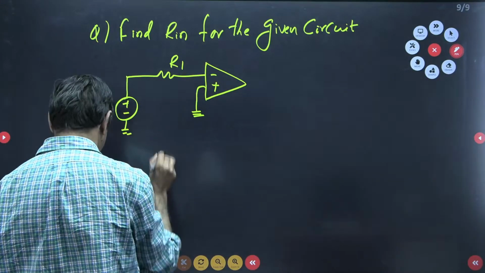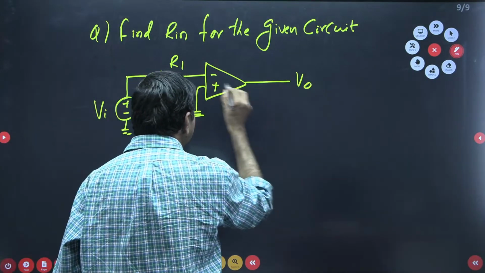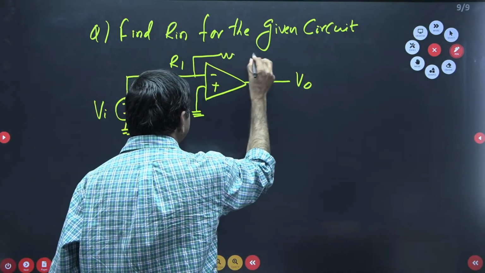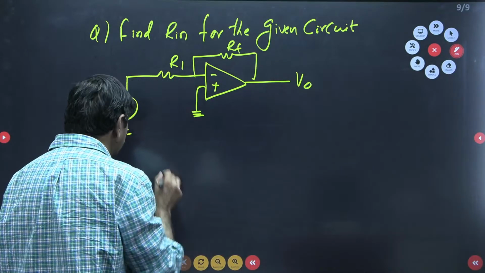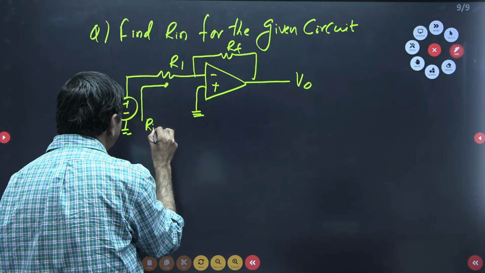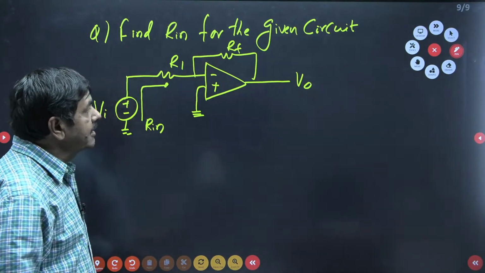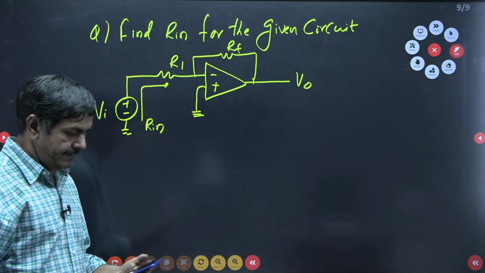V0 is taken from here, connected with RF. The direction is shown like this, and it asks to find R in in this direction.